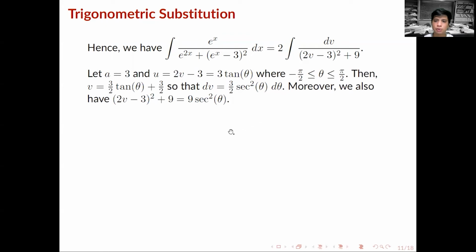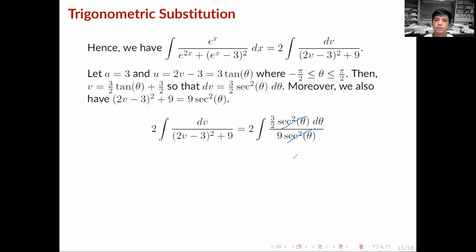And after substitution, we will obtain this integral. And as you can see, we can cancel secant squared theta and 2, while this 3 over 9 can be simplified as 1/3. So now we have this integral. And after evaluating it, we will obtain 1/3 theta plus c.